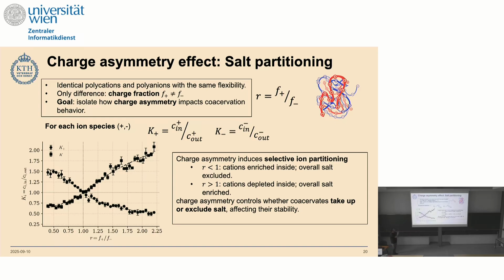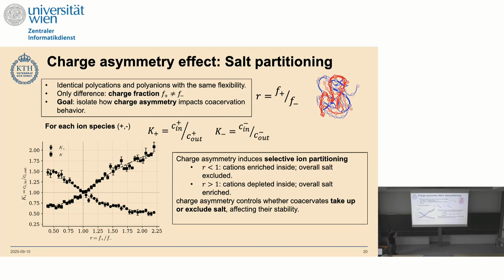As you can see here, in a symmetric case, again with R equal to 1, the salt partitioning coefficient is almost equal to 1. It means that the salt is divided equally between the coacervate phase and the supernatant one.